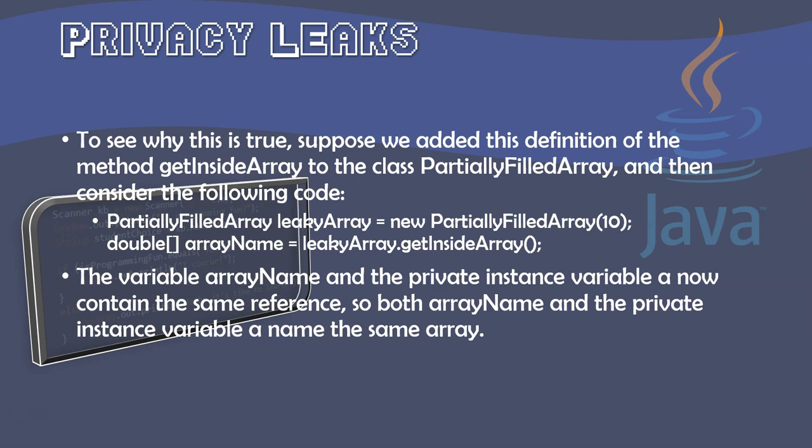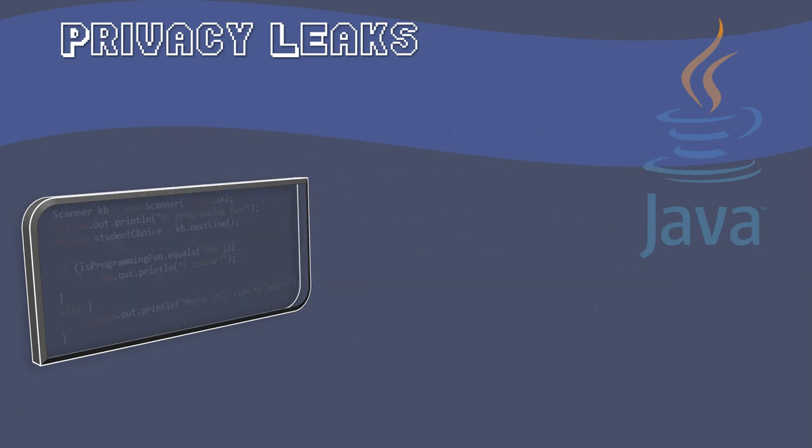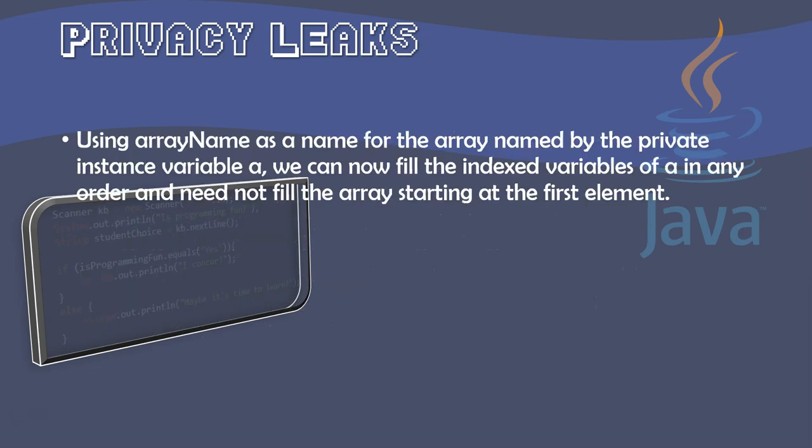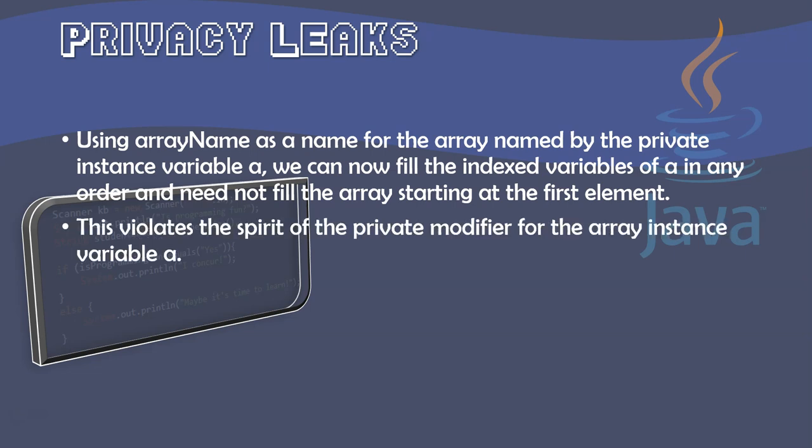Because they have the same reference, both arrayName and the private instance variable a name basically the same array. Using arrayName as a name for the array named by a, we can now fill the index variables of a in any order and need not fill the array starting at the first element. This violates the spirit of the private modifier for the array instance variable a.